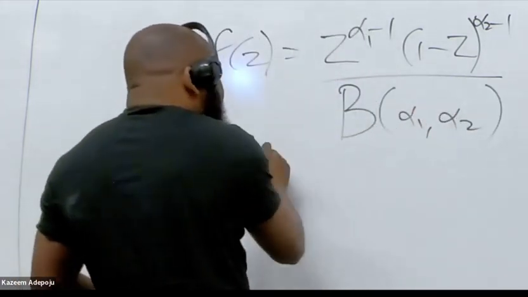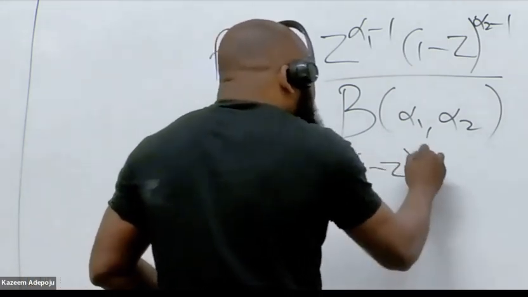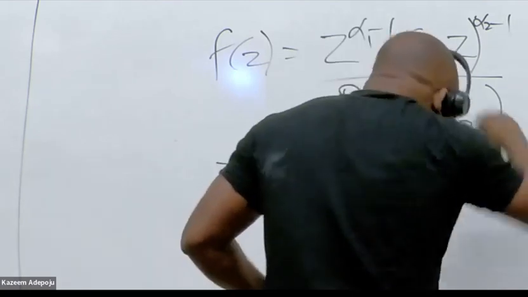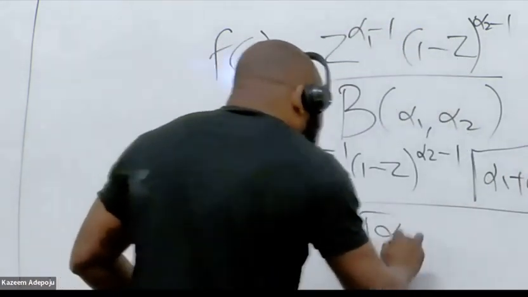Let me write it here so that you can see. You can also rewrite that as gamma of alpha 1 plus alpha 2 divided by gamma alpha 1 gamma alpha 2.